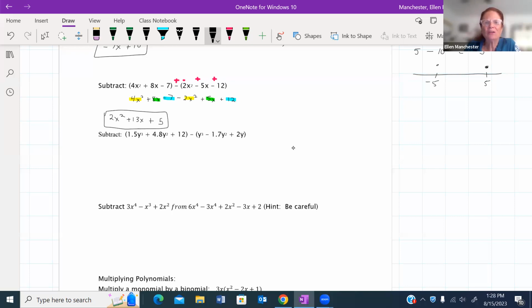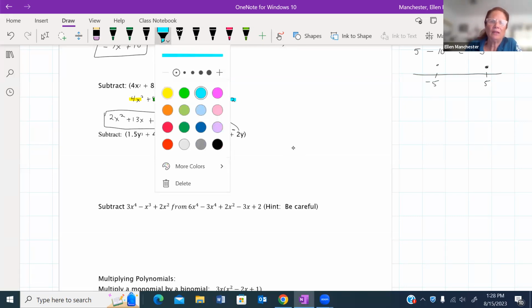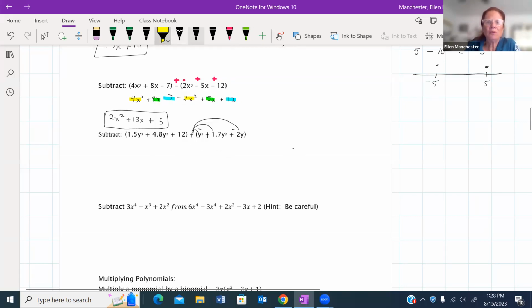All right, so here we go. I'm going to distribute this negative through all three of these, which means I am adding the opposite. I end up with a -y cubed, a +1.7 y squared, and a -2y. So adding like terms, I'm going to stack it, just so you can see that, because I haven't stacked it yet.